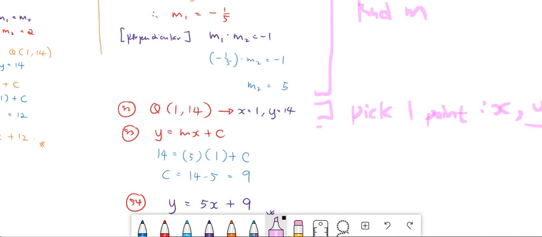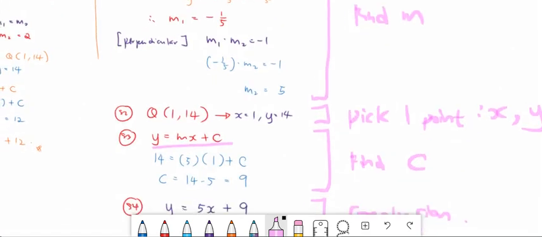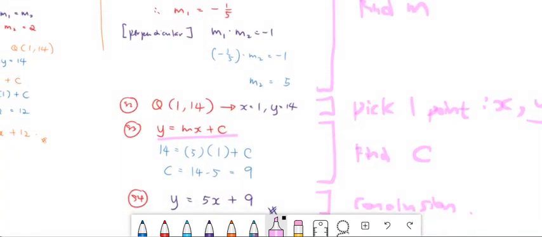After that, get your equation, that is y equal to mx plus c, to find your value of c, that is your intercept. Lastly, your conclusion. See that? 4 points here, or in other words, 4 steps. So that's all for the solution, or the steps to find your equation.